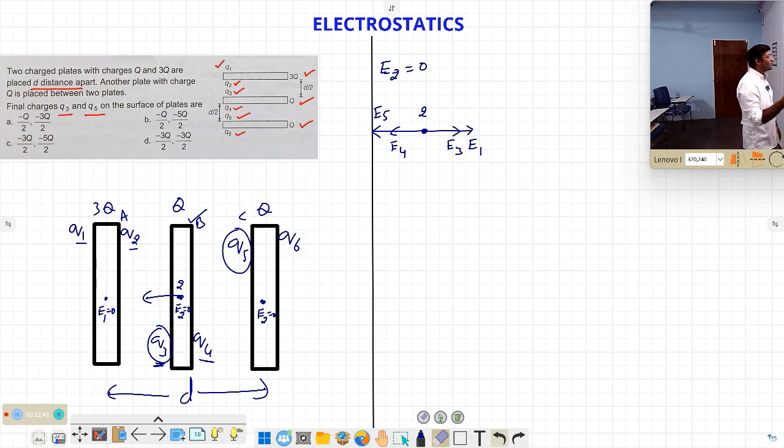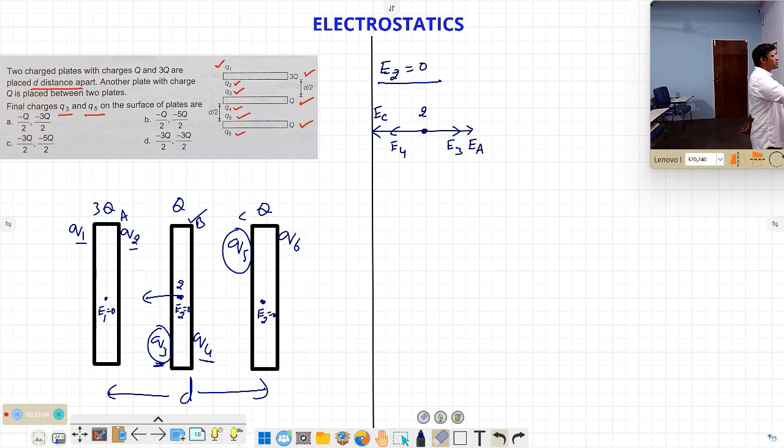So I can write the electric field due to 3Q as EA. The electric field due to the third charge I am writing as E3. The electric field due to the fourth charge I have written as E4. The electric field due to total Q5 and Q6, that is the C charge, is EC. Now what is the concept here? At the E2 point the total electric field is 0.